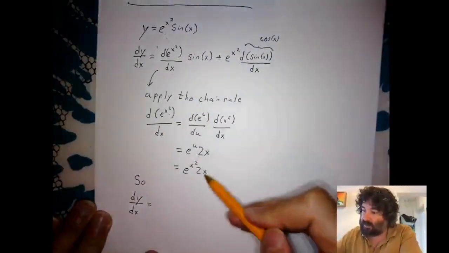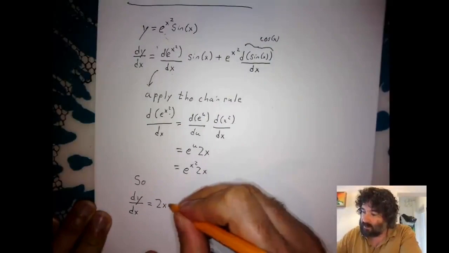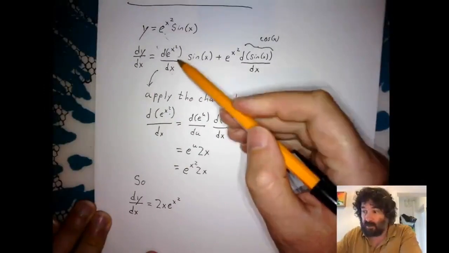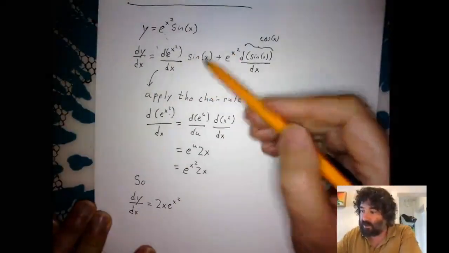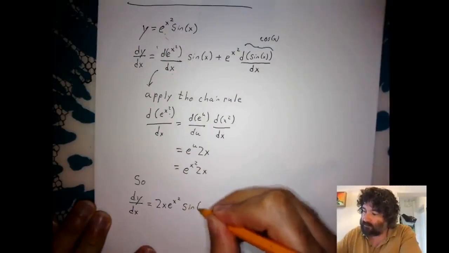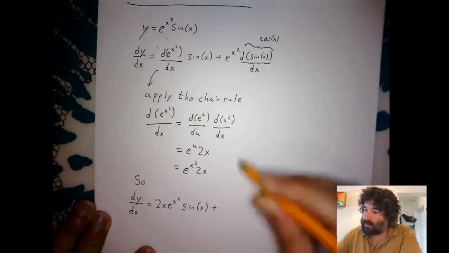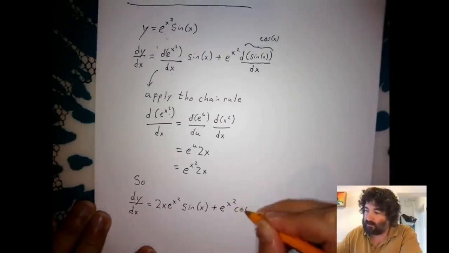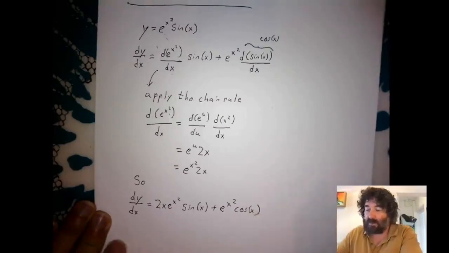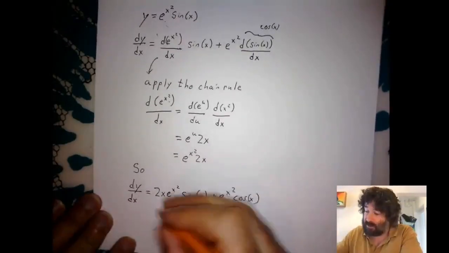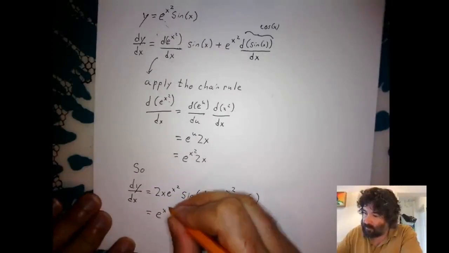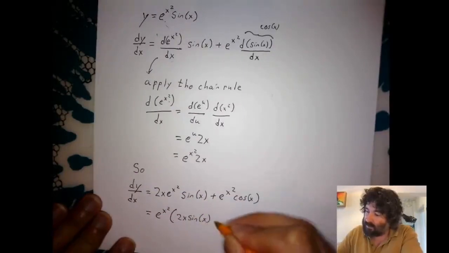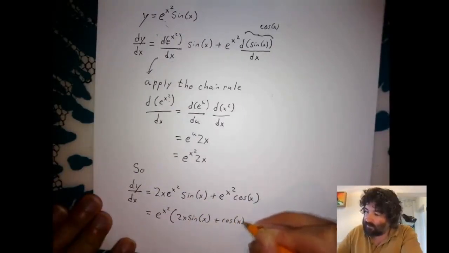The derivative of e to the x squared is 2x e to the x squared, and this formula is found for the derivative of e to the x squared times sine x: 2x e to the x squared times sine x, plus e to the x squared times cosine x. And if you want, you could simplify this by factoring out the e to the x squared. Not really necessary, but you have e to the x squared times (2x sine x plus cosine x).